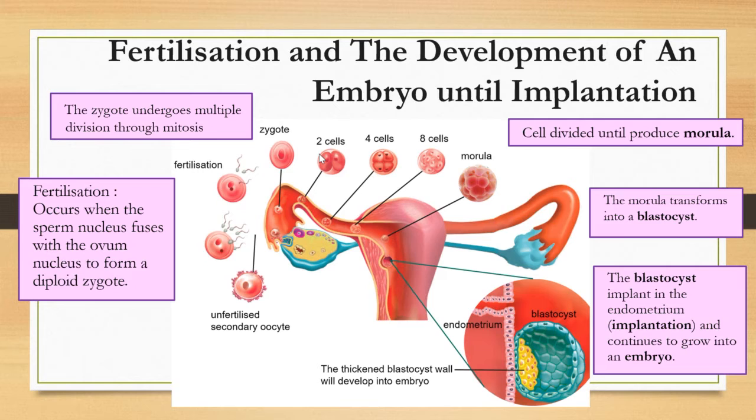And then it will divide again by mitosis to form a four-cell embryo, and then divide again to form an eight-cell embryo. It divides again and again by mitosis until it produces the morula.